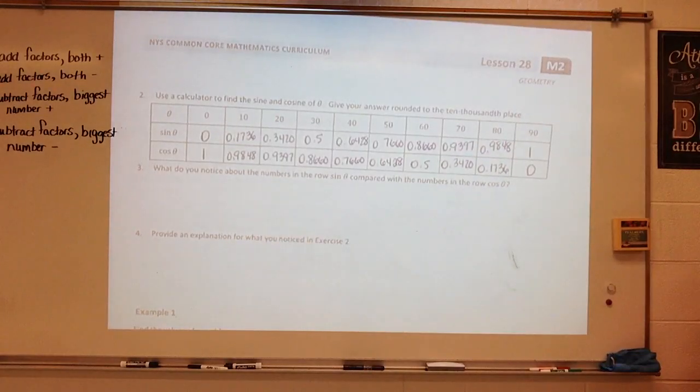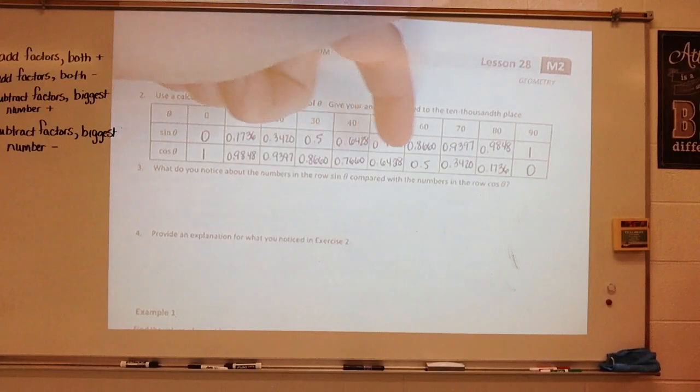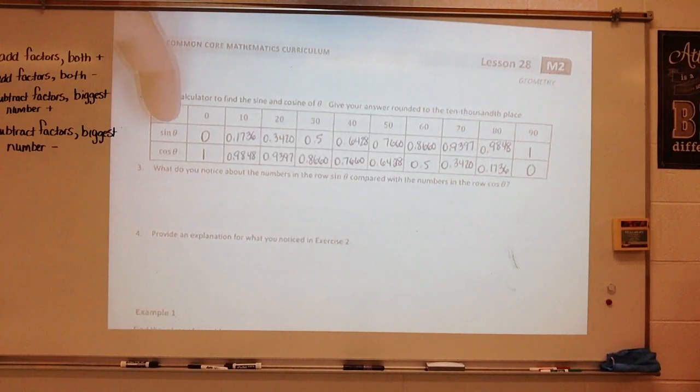Alright. So pause your video, go ahead and fill these in. What do you notice about the numbers in the row of the sine of an angle compared to the numbers in the row of the cosine of an angle? Well, once again, if you look at them, the numbers are the same, just in reverse order.